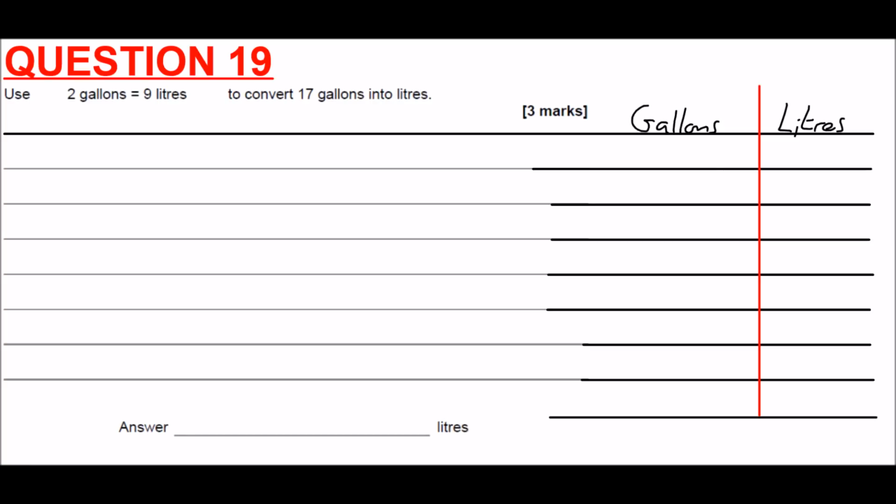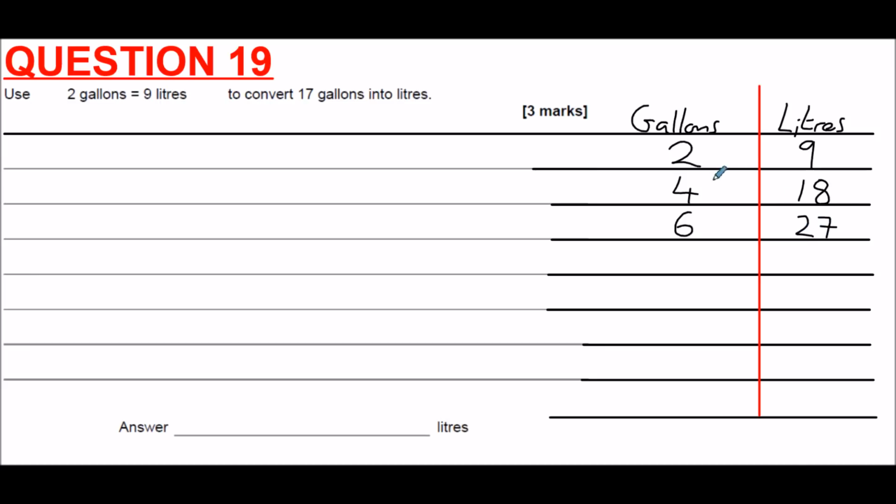So we're told 2 gallons equals 9 litres, and so we can just write that down straight away. So if we had 4 gallons, add another 2, that'd be the same as 18 litres. 2, 4, 6 gallons, and 9, 18, 27 litres.